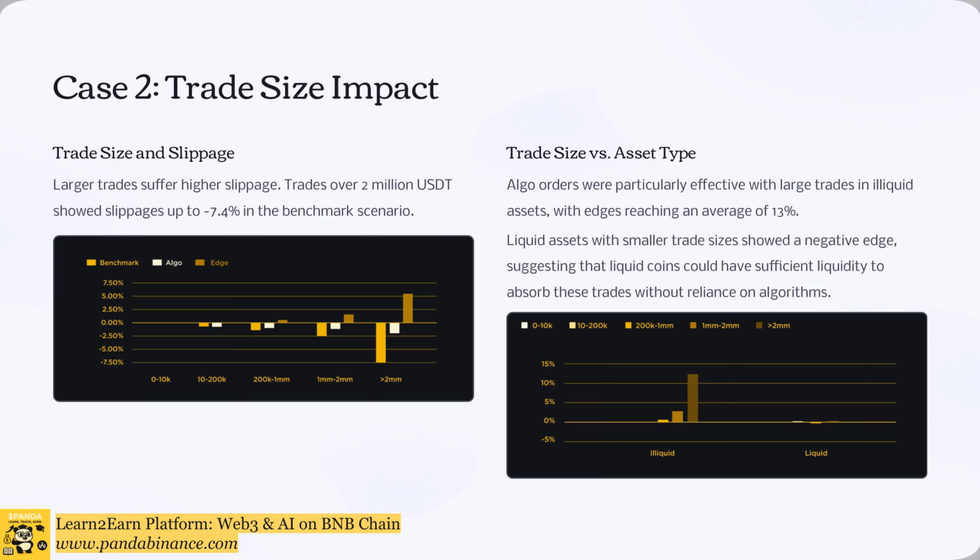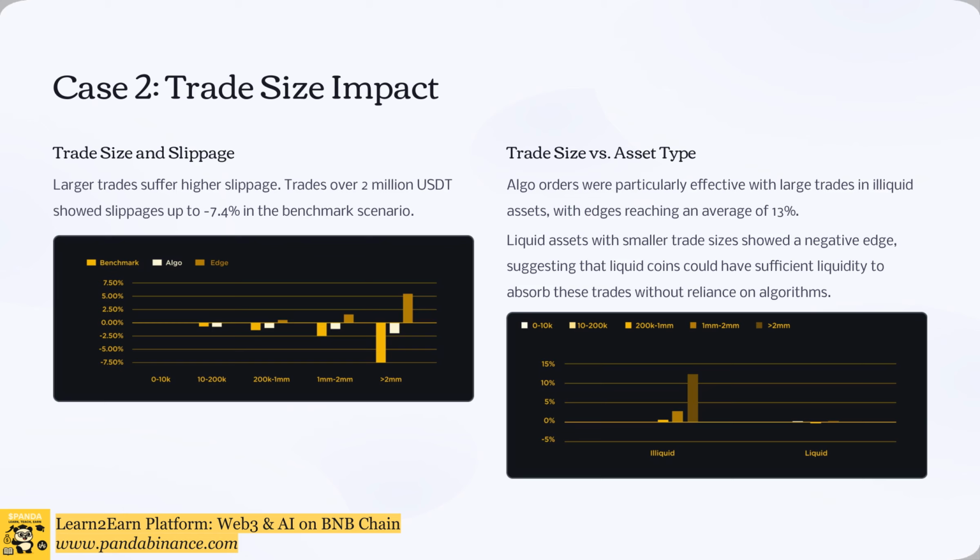Let's now consider how trade size influences the efficacy of algorithmic orders. As trade sizes grow, slippage tends to increase, making order execution strategy more critical. Our analysis shows that for large trades, particularly those involving illiquid assets, algorithmic orders provided considerable advantages, minimizing slippage by around 13%.